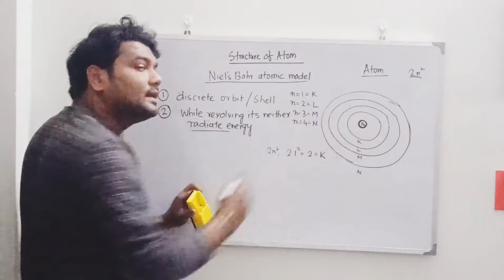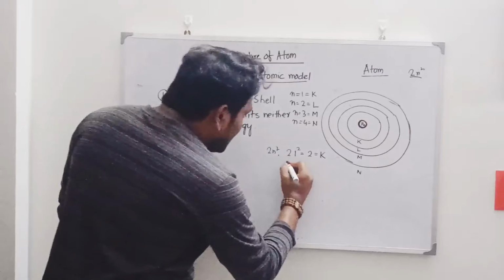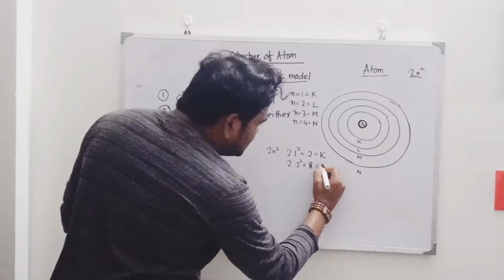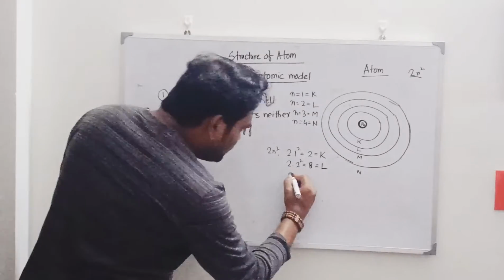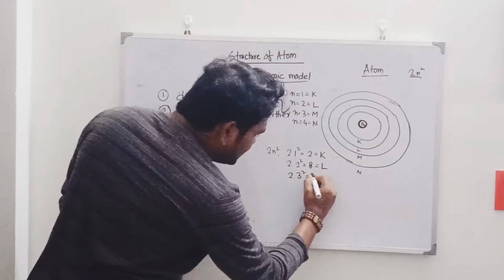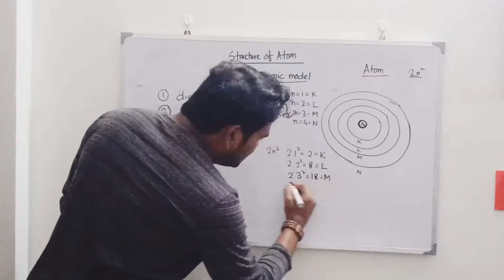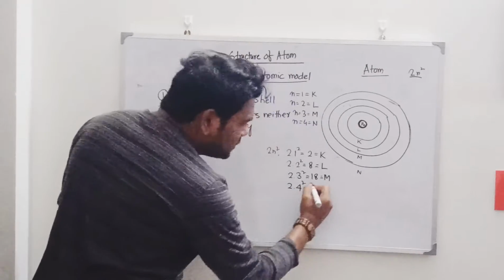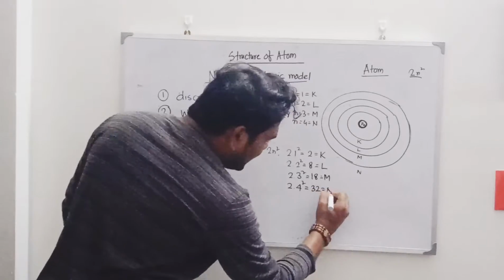For n equals 1, 2n square gives 2 electrons in the K shell. For 2 into 2 square, that is 8, so this is the L shell. For 2 into 3 square, that is 18, the M shell. For 2 into 4 square, that is 32 electrons, the N shell.